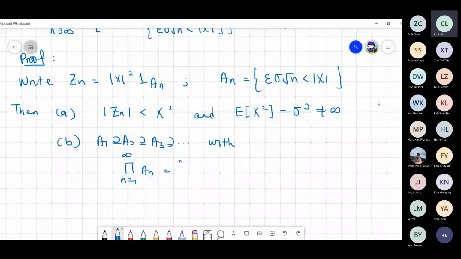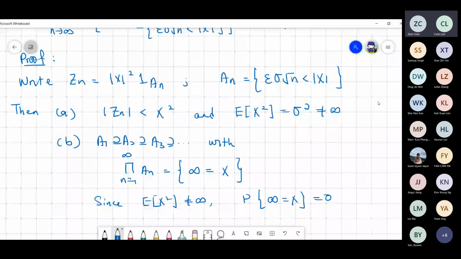So this is just X taking infinite value. Because E of Xi is finite, which is not infinity, the probability will be equal to 0. So since E of Xi is not infinity, we must have the probability of this be 0, meaning this has 0 probability.